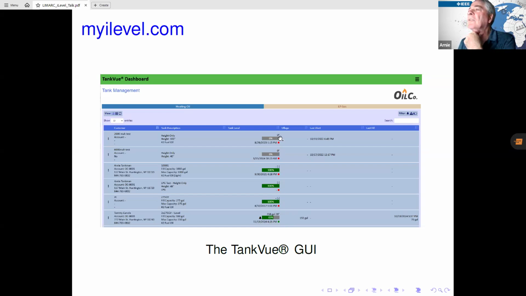These red dots mean that these devices are dead for some reason or other. We don't know why. If you look, Arnie Tankman is me, and these are some battery testing devices. We have the tank properties listed here, and we also had a propane gas monitor as well, which you would have seen on this side.